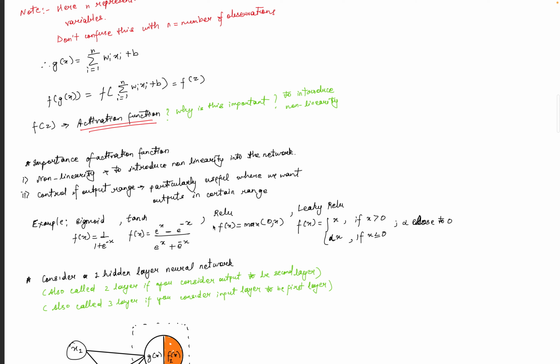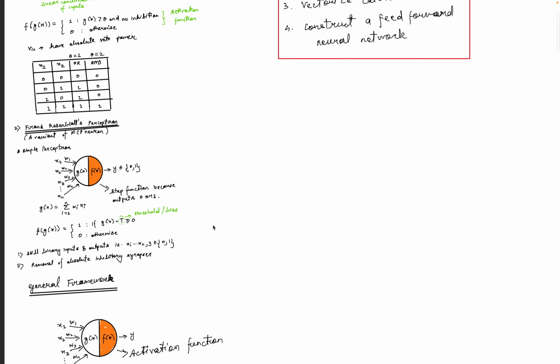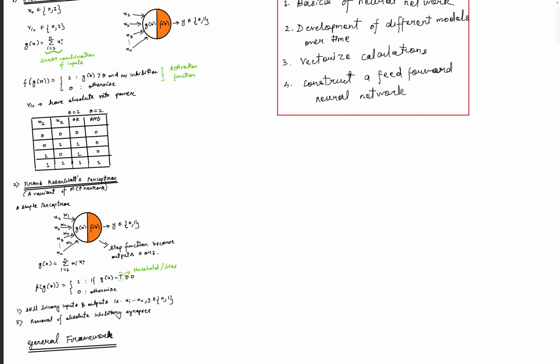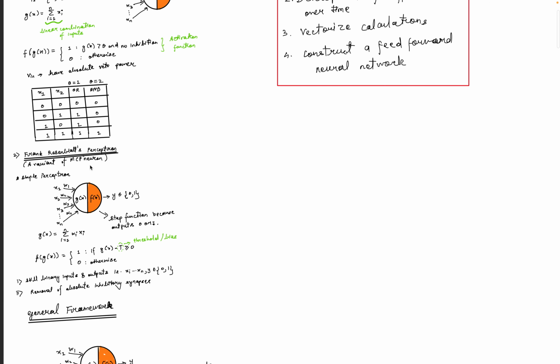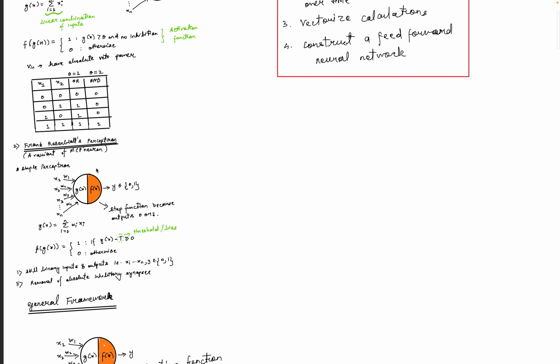Activation function is very important because we want to introduce non-linearity in the model. One of the drawbacks of these two models, the McCulloch and Pitts model and Frank Rosenblatt's model, is that just one single neuron can work for OR gate and AND gate, but they don't work for XOR gate.